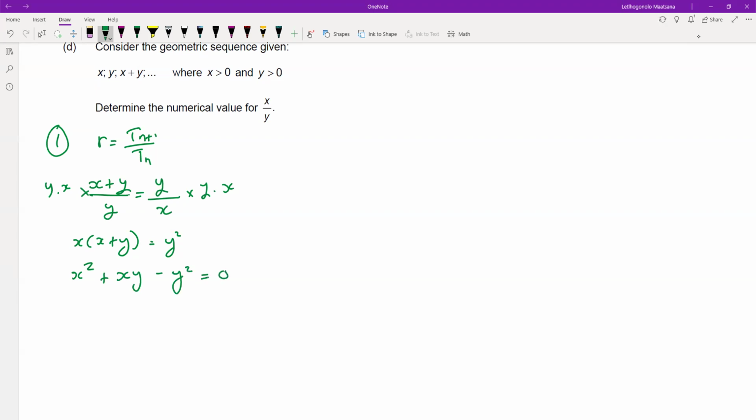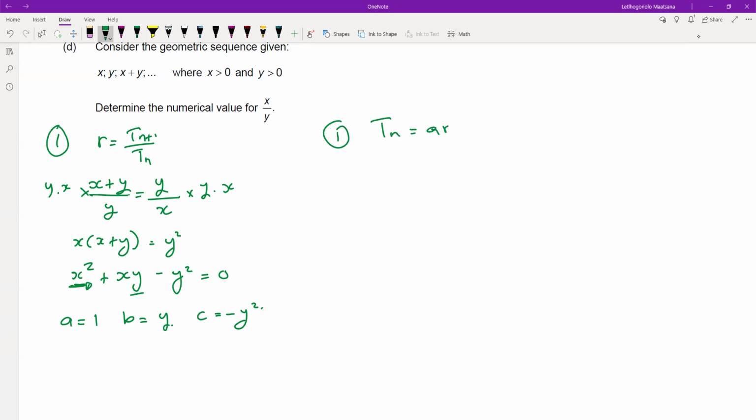We have a quadratic equation here, and we can solve it, letting x be our variable and y be our coefficient. So that means that a is equal to 1, b is equal to a positive y, and c is equal to a negative y squared.